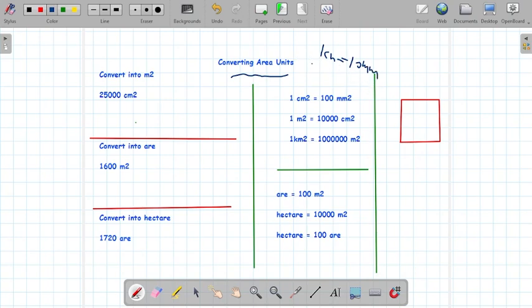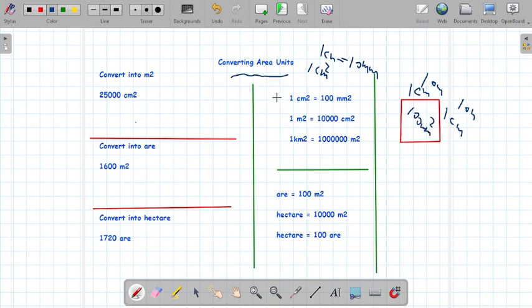So when I try to find 1 centimeter square, if this is 1 centimeter and I convert it into millimeters, it will be equal to 10 millimeters times 10 millimeters. 10 times 10 is equal to 100 millimeter square.